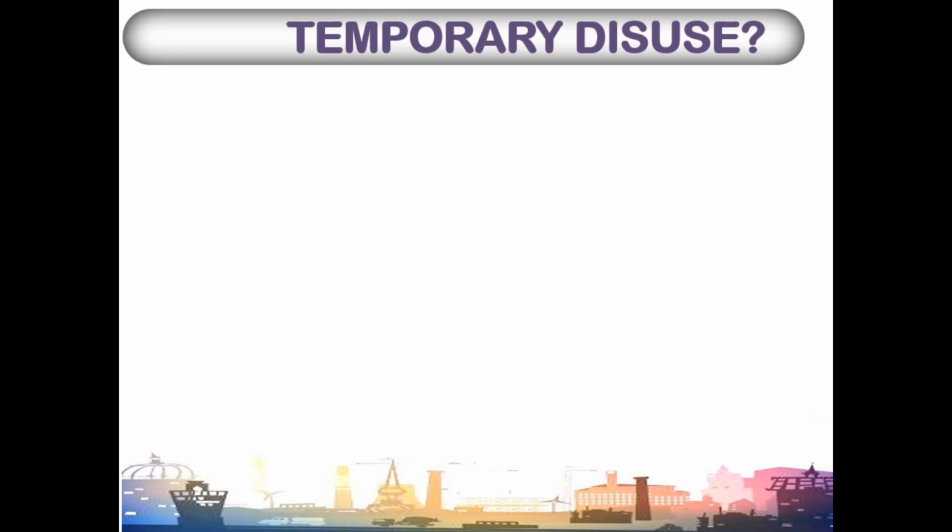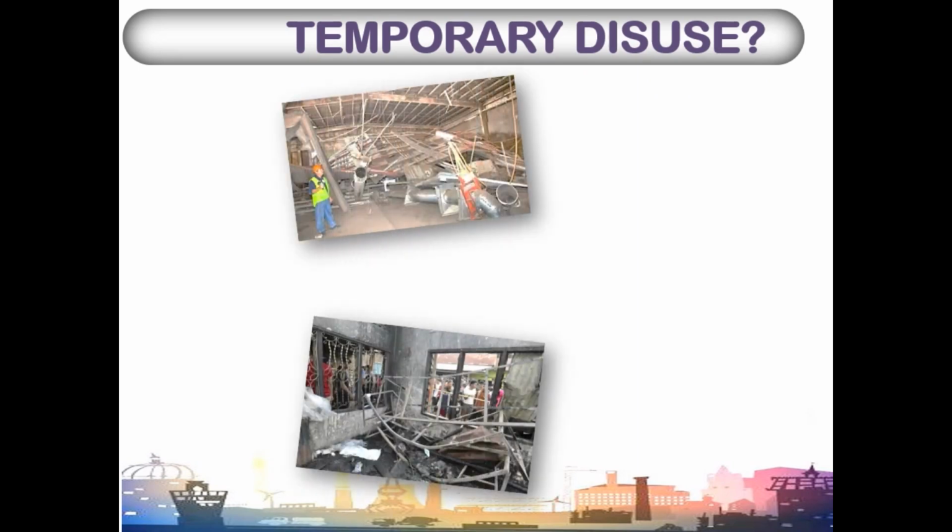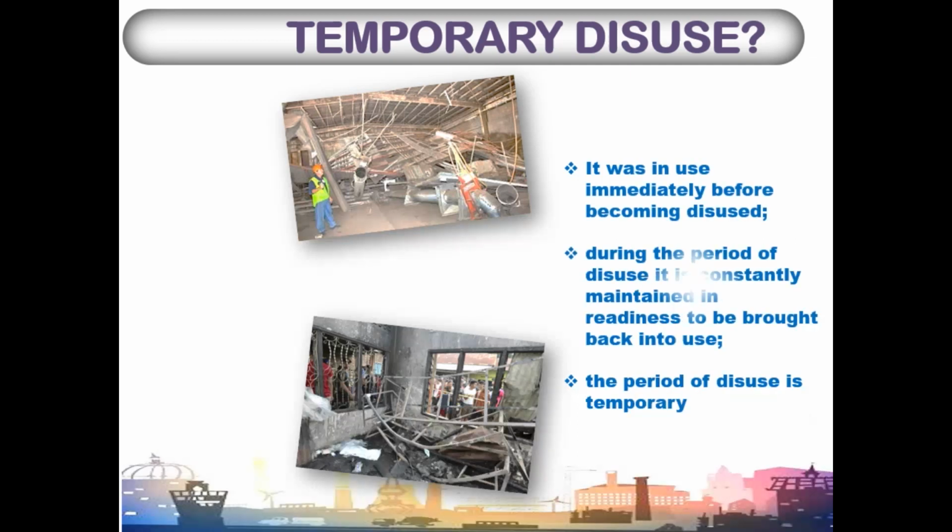Okay class, so let's have a look at the definition of temporary disuse. What does it mean by temporary disuse? Let's look at the picture. If something happened to the factory, so that the factory cannot be used actively, but the factory has been used before becoming disused, it is called temporary disuse. Or during the period of disuse, the company constantly maintained it in readiness to be brought back into use.